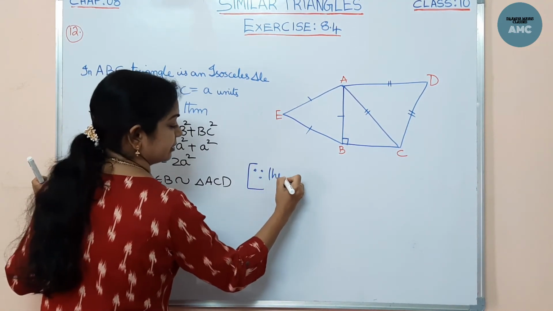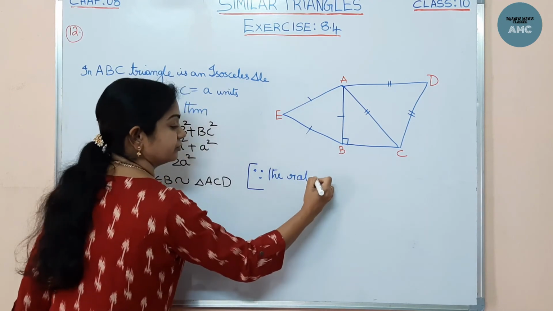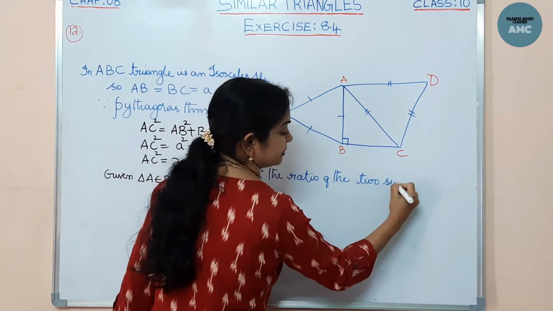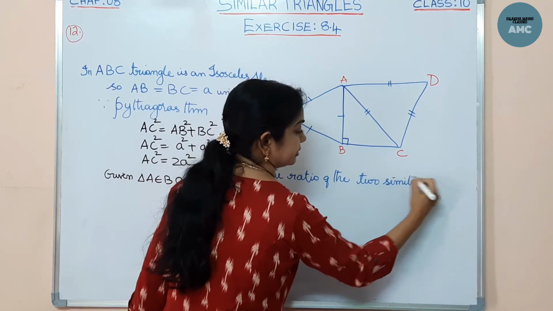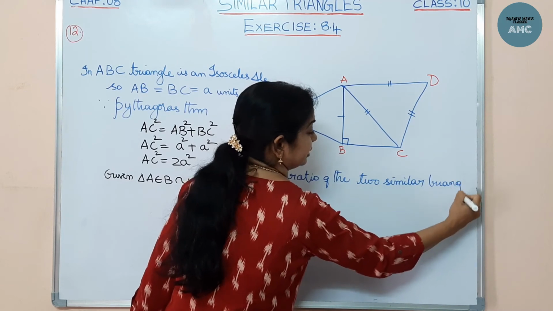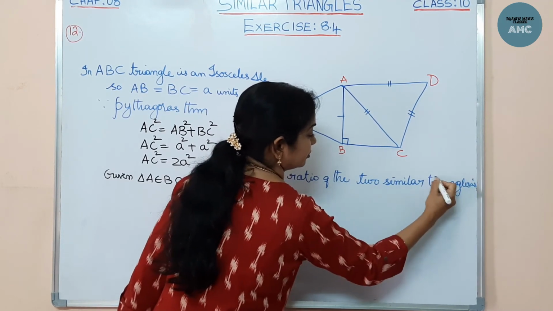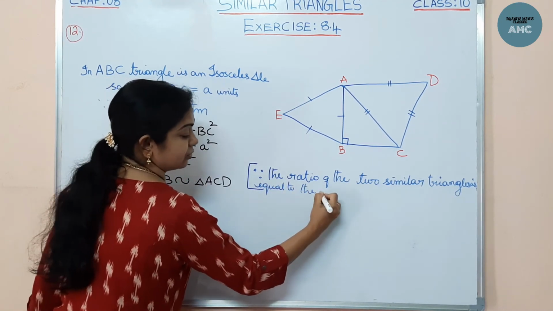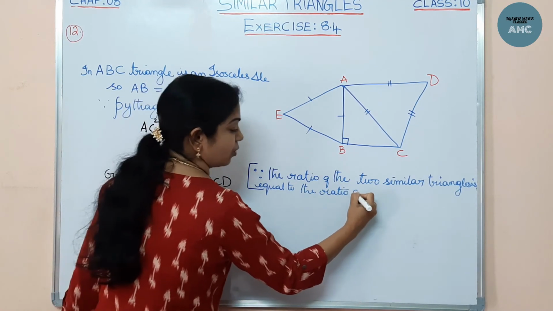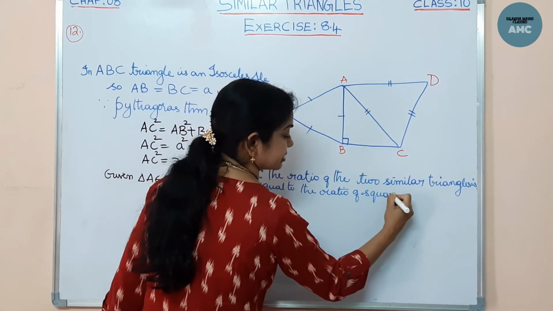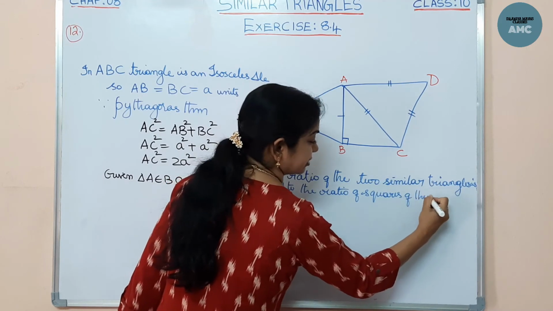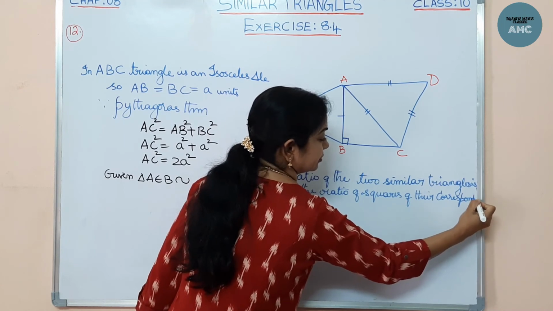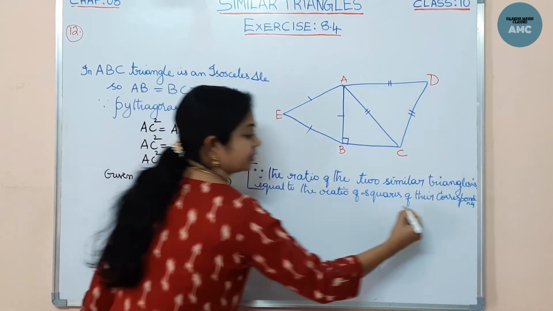The theorem states that the ratio of the areas of two similar triangles is always equal to the ratio of the squares of their corresponding sides.